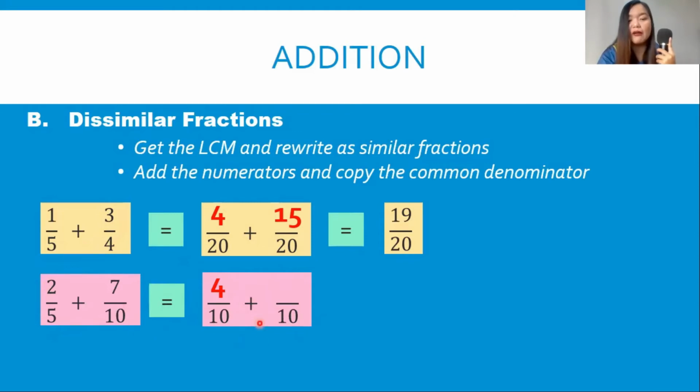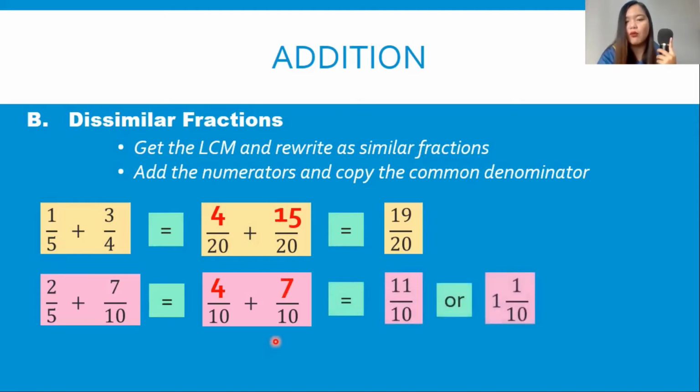Or kung hindi nagbago yung denominator ng isa, just copy 7. And it is now equal to 11 over 10, or in mixed number, we have 1 and 1/10. You can read it as that one.